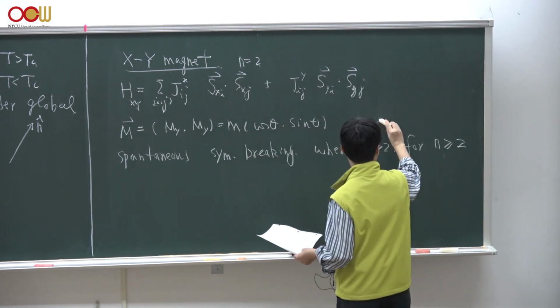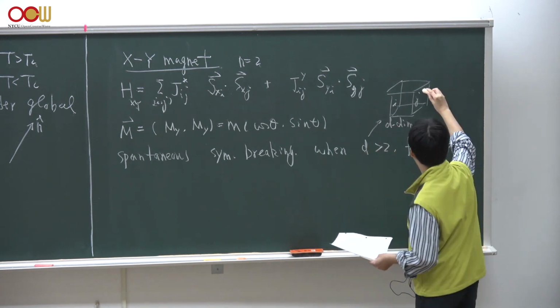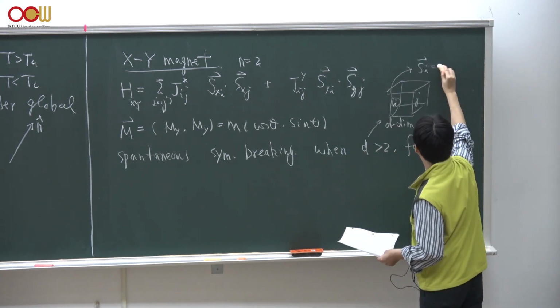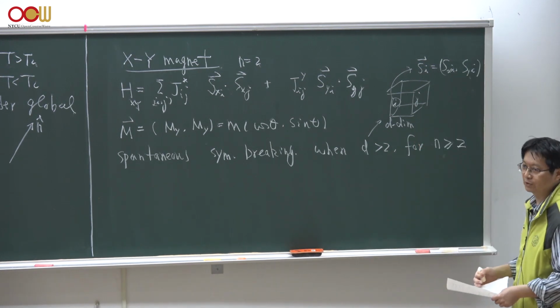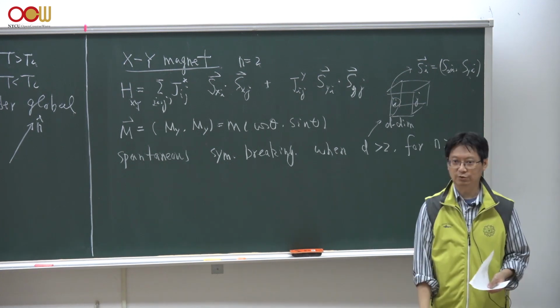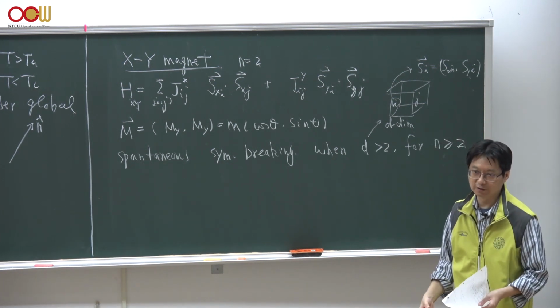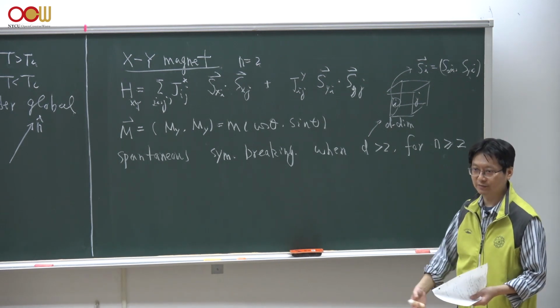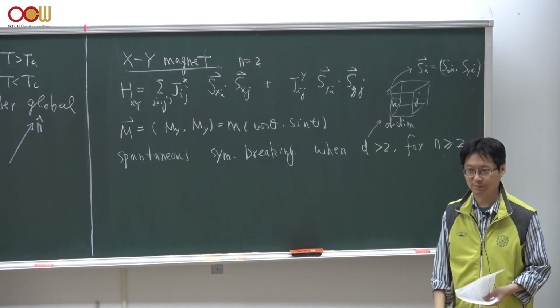So D refers to the dimensionality of the problem, but on each lattice point, the spin may have just two components. These two-component spins could cover all the three-dimensional lattice points. So you can have a three-dimensional XY model. You can also have a two-dimensional XY model or a one-dimensional XY model.